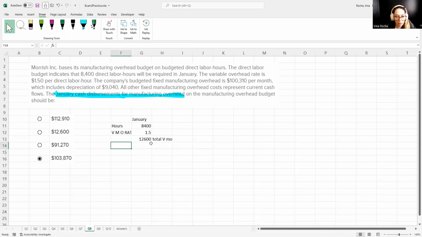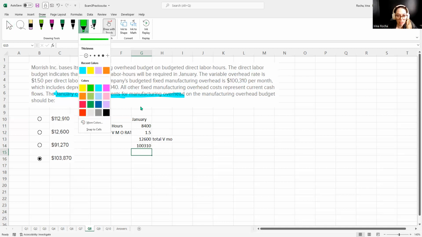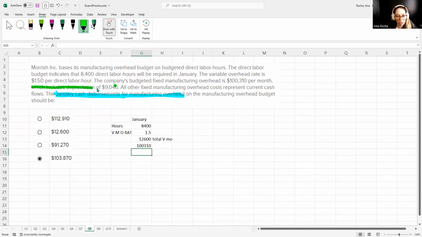Now we have to see the fixed part. The company's budgeted fixed manufacturing overhead is 100,310 per month, which includes 9,040 of depreciation. That's the tricky part, because depreciation is a non-cash expense, so we do not include it in cash disbursement. Money doesn't leave the company every month to pay a bill for depreciation.